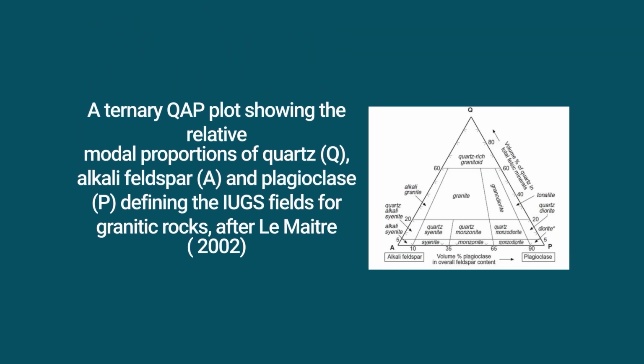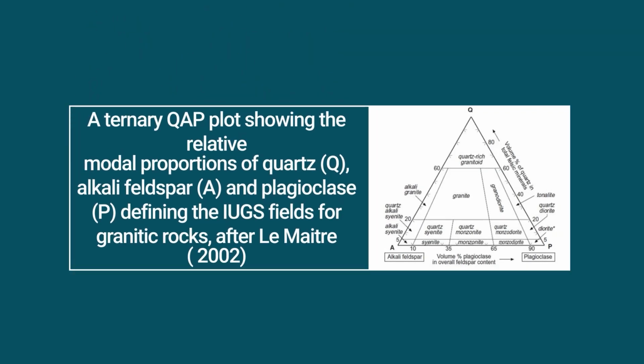A QAPF diagram is a diagram for classification of igneous rocks where Q stands for quartz, A stands for alkali feldspar, P stands for plagioclase feldspar and F stands for foids. It is two double triangles where the AP plane is shared, and this is commonly used for classification of igneous rock based on chemical composition.